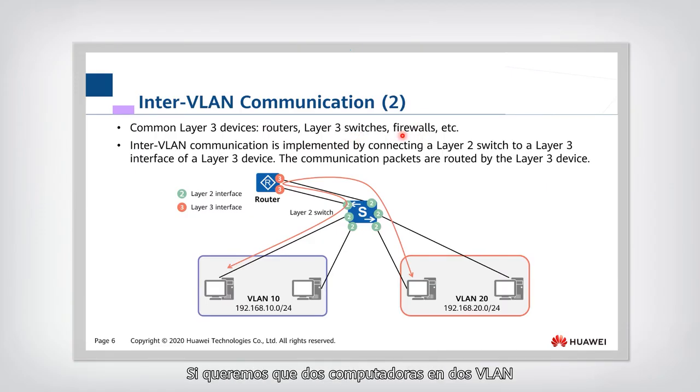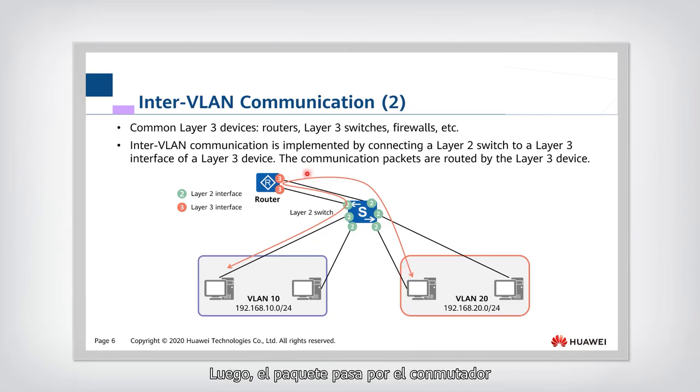So here, if we need to communicate between this computer and this computer, first the traffic should be transmitted through the layer 2 switch, and then the layer 2 switch should forward the packet to the layer 3 router's interface, and then the router will send the packet to another interface, which can finally reach the other VLAN.